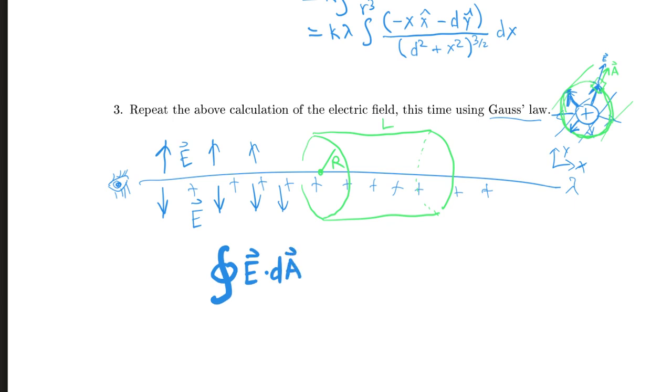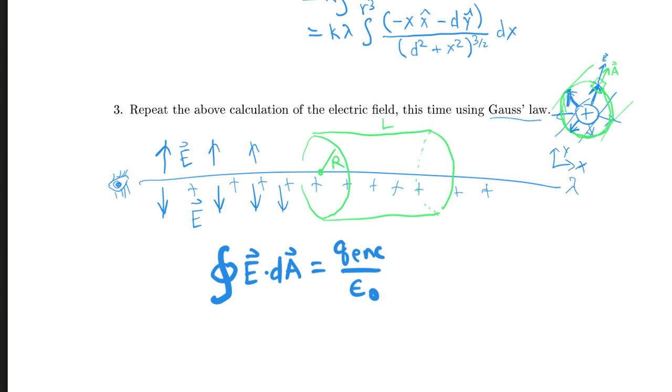So for every little area, we're going to do a dot product with the electric field there. And that's going to be equal to the charge enclosed in the Gaussian surface over epsilon naught, which is just a constant. Okay, so this looks a little bit intimidating, right? This integral looks a little bit intimidating, but I promise you it's actually quite easy.